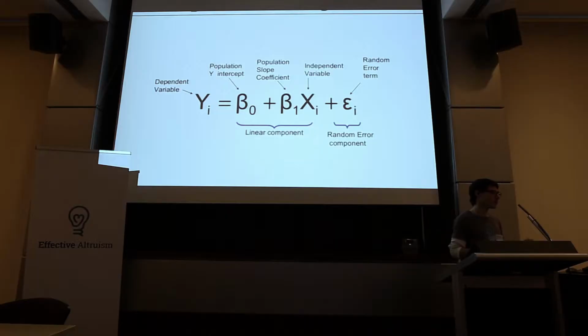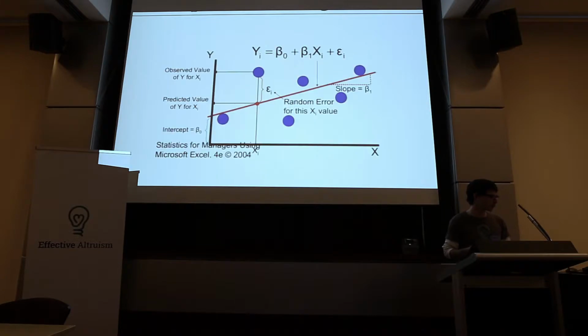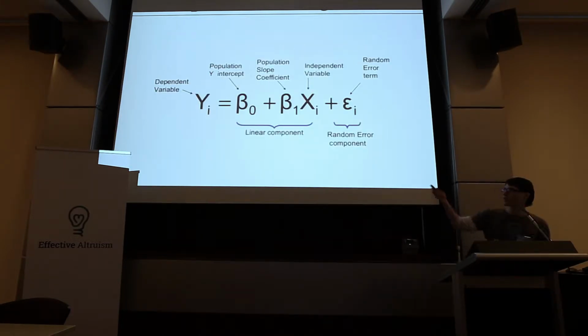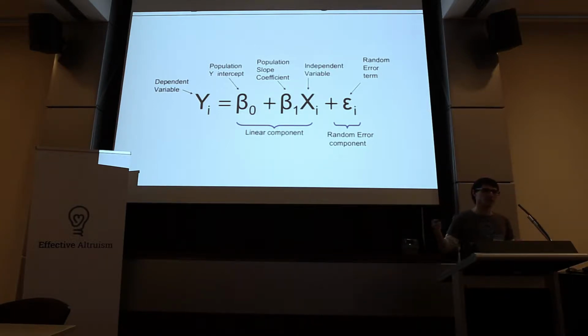Okay, so we're starting with the idea of simple linear regression. As I said, I'm assuming people basically know what this is. The basic idea is we have our dependent variable y. Y is our dependent variable, x is our independent variable. So y is the thing we're trying to predict or trying to explain.